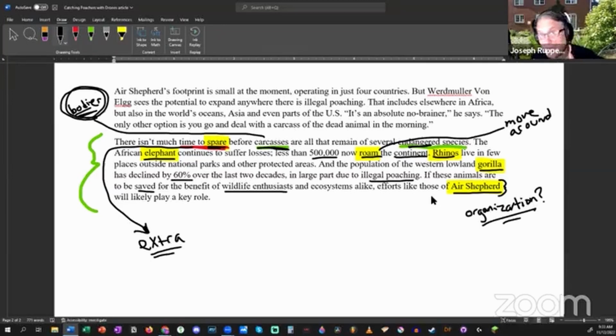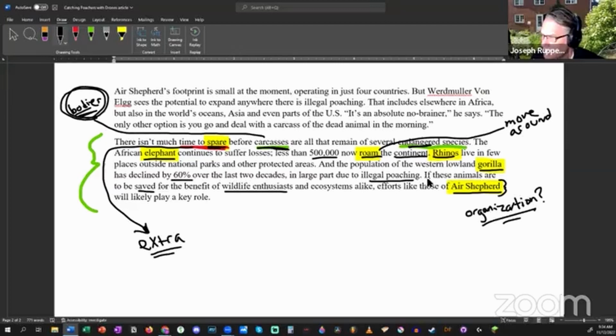And we have these three examples of animals that show us how much danger there is here, right? Less than 500,000 for the elephants, 60% of the gorillas have declined, and the rhinos are not even in the wild very much anymore.